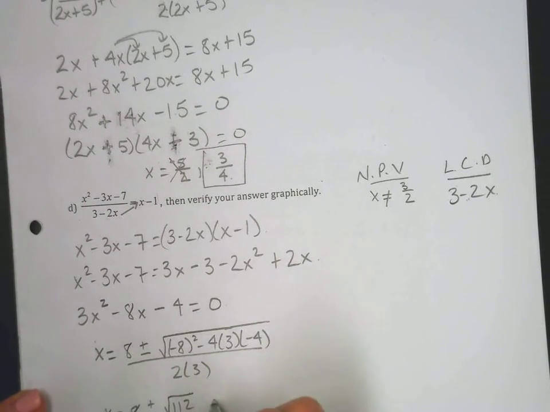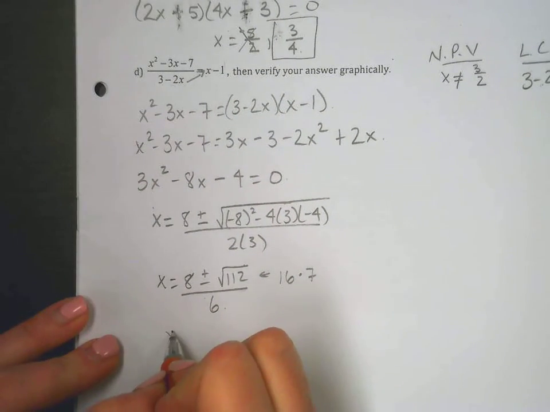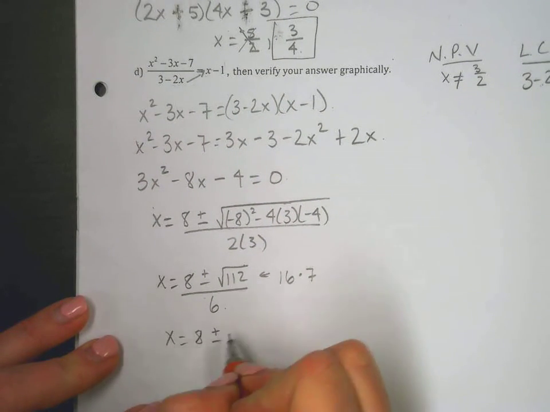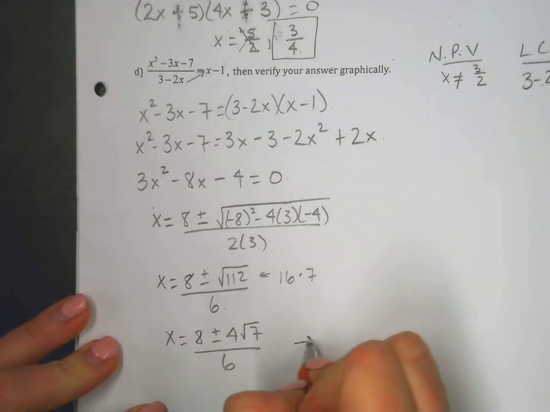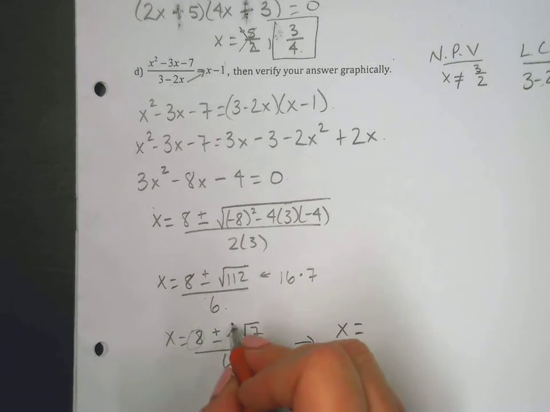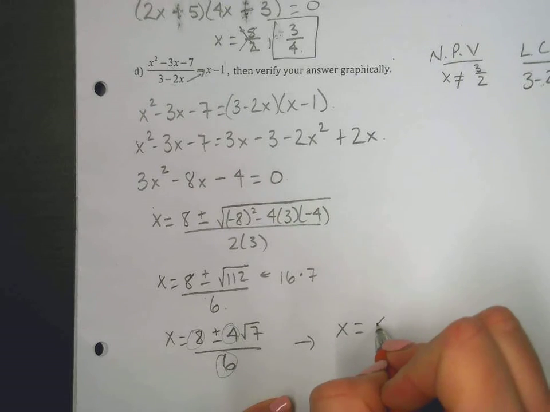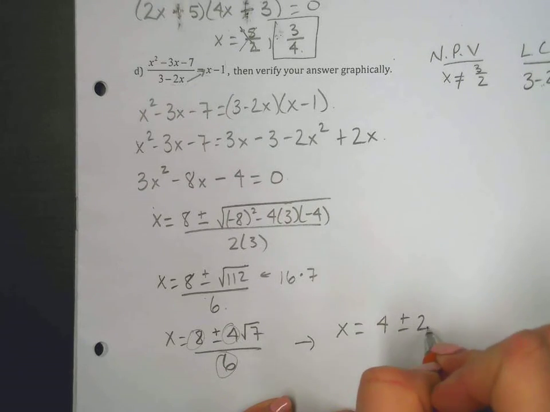A perfect square would be 16 times 7. The square root of 16 would be 4. Root 7 all over 6. And so all of my whole numbers can now be simplified by being divided by 2. So I'm left with 4 plus or minus 2 root 7 all over 3.